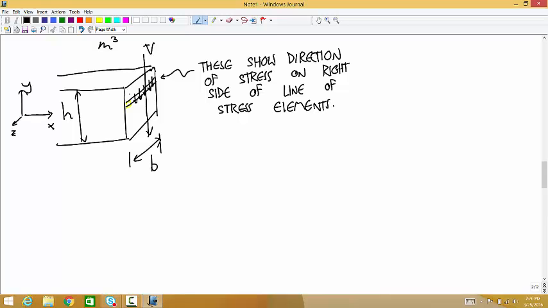It's a shear because it's happening on the x face of these stress elements, and it's in the negative y direction. So a positive shear force leads to negative values of the xy stress.